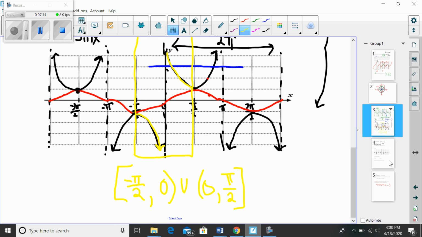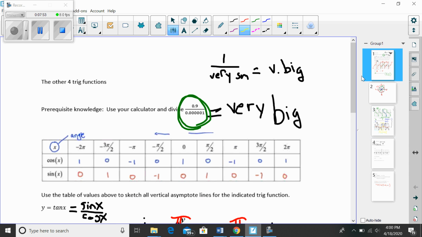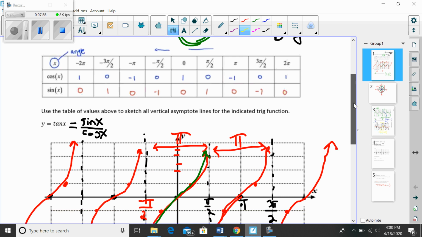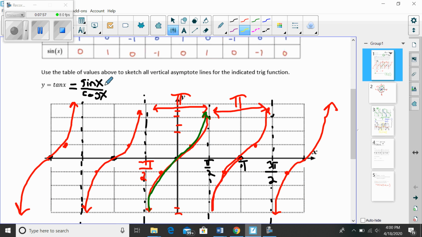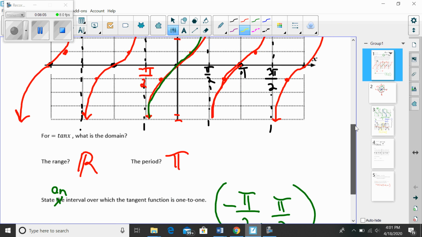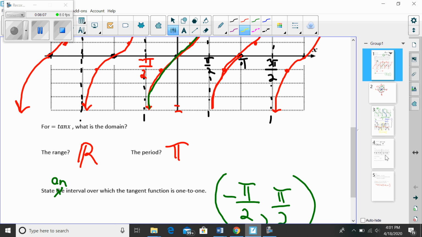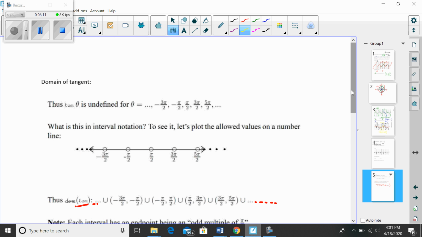Secant is 1/cosine. That means that secant is going to have the same domain as tangent, which was sine/cosine. Here's where I wrote the domain of tangent.